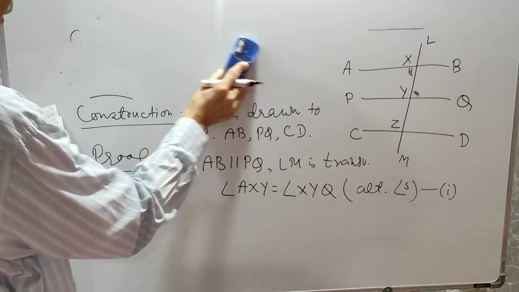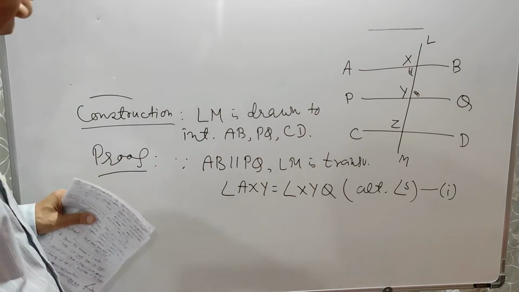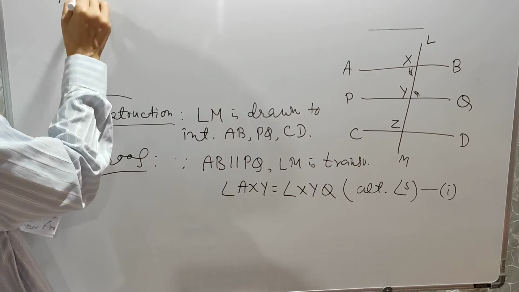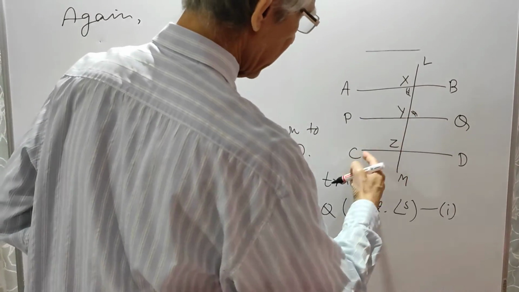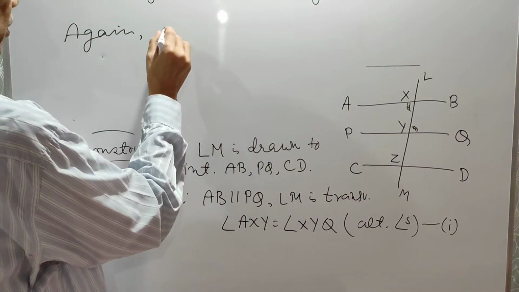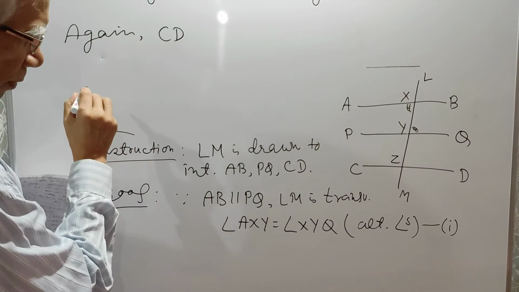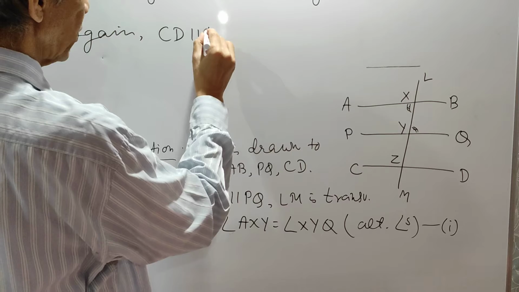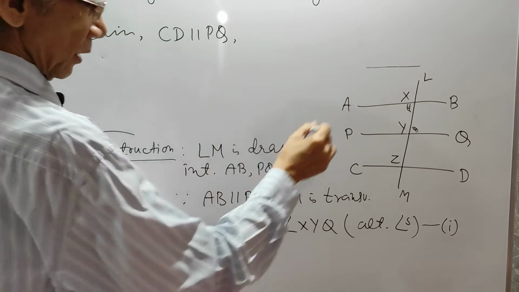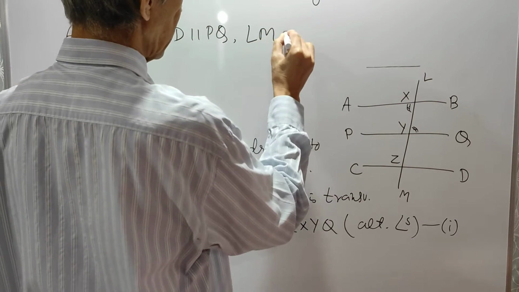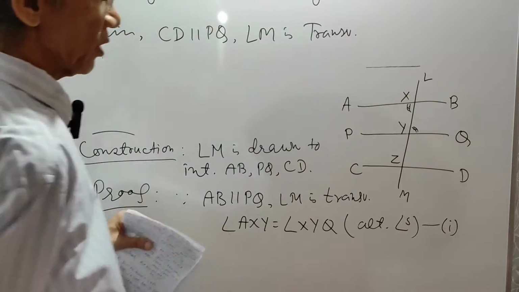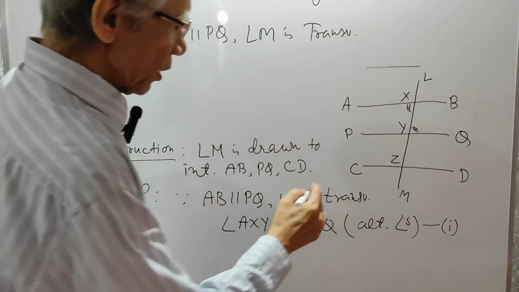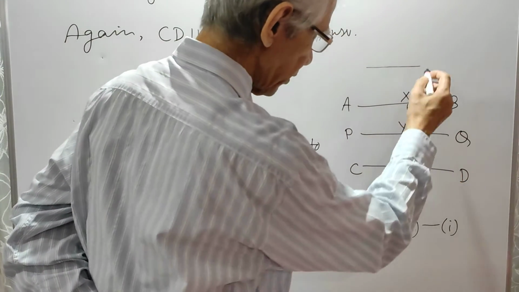Then next, we take the other pair of parallel lines. These two are parallel, that is CD parallel to PQ, and LM is transversal.